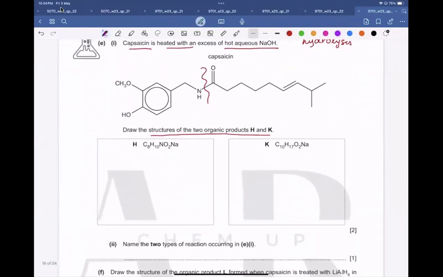When it breaks down from here, one structure would be CH3O, a benzene ring, OH, NH2. And the other one is C double bond O.